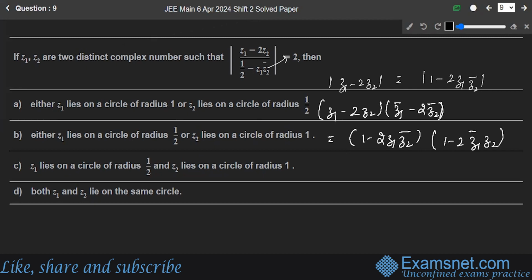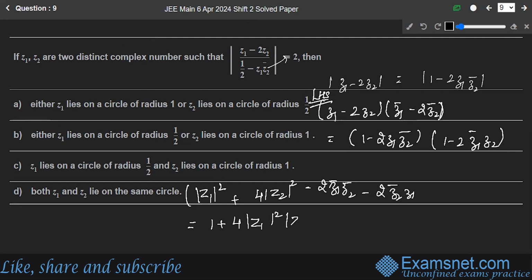Let's open it up. This one, the numerator, the left hand side, this will become modulus Z1 square plus 4 modulus Z2 square minus 2 Z1 conjugate Z2 minus 2 Z2 conjugate Z1. This is equal to 1 plus 4 modulus Z1 square modulus Z2 square.